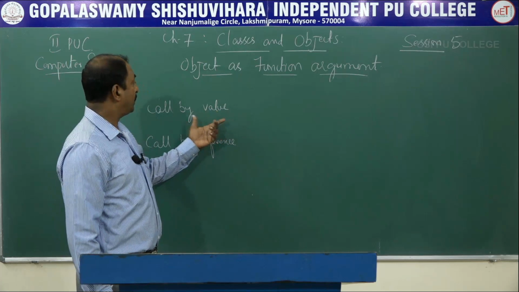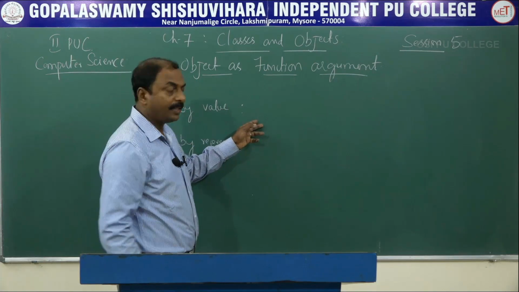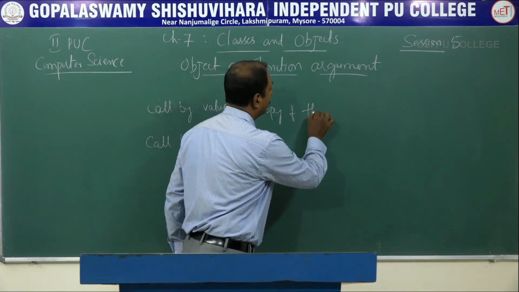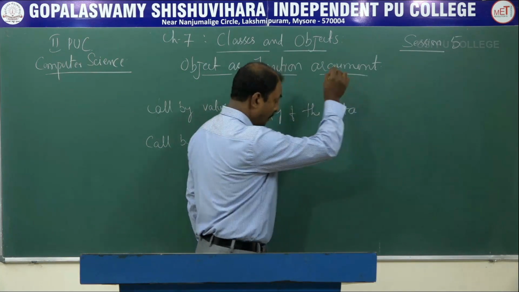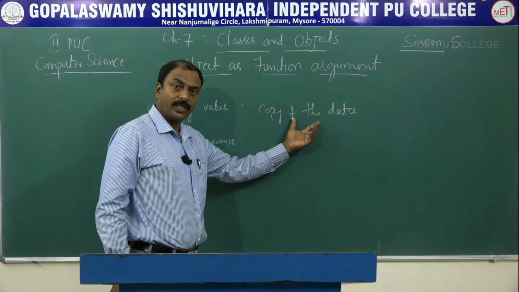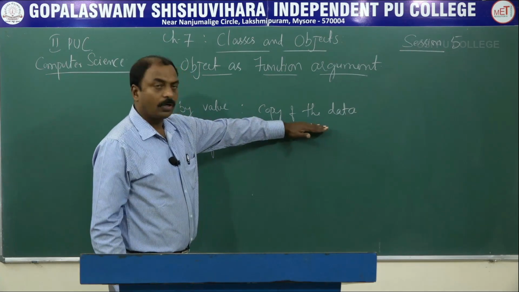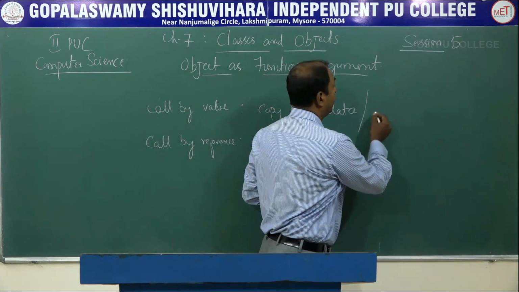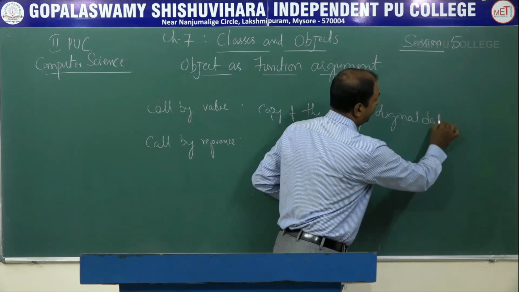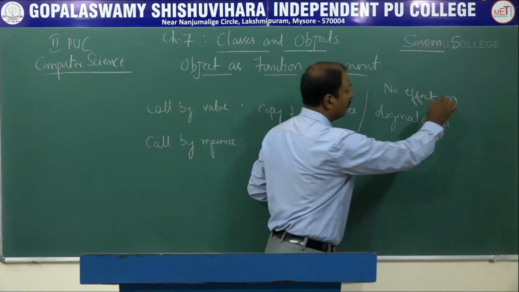In call by value method, the function works with a copy of the original data given. Once it works with a copy of the data, there is no impact or effect on the original data.